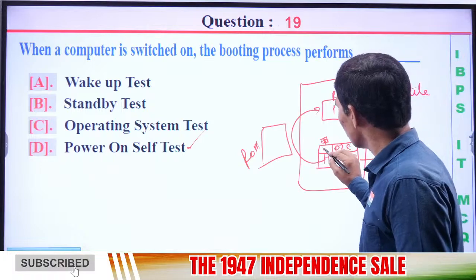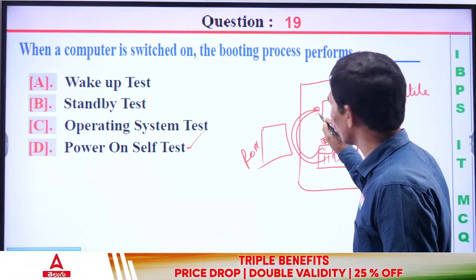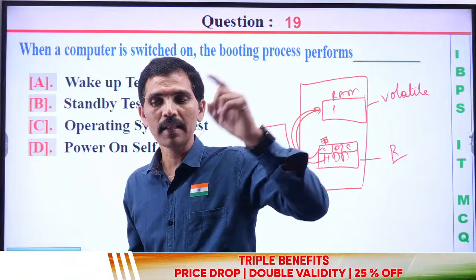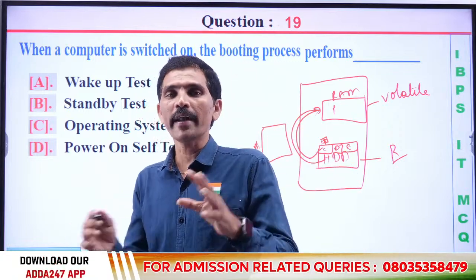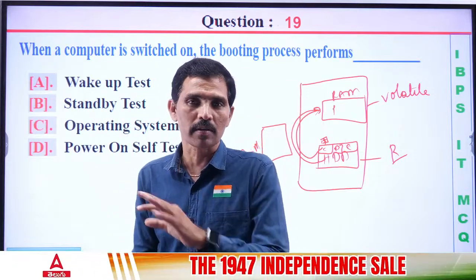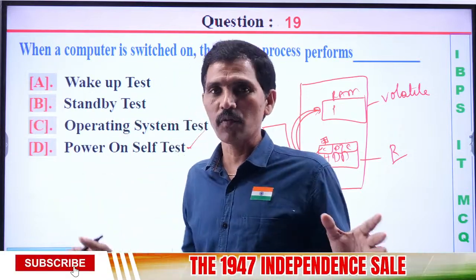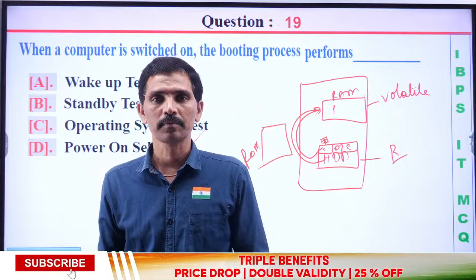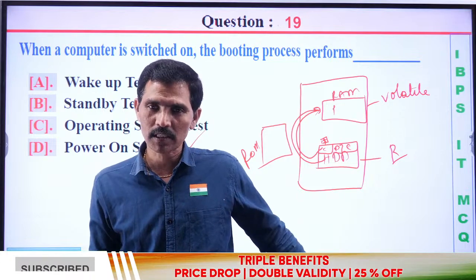From this, the system files will be loaded into RAM. When all files are loaded successfully into the RAM, that is called a successful boot. When it has booted successfully, only then will the desktop be shown, with various options, taskbar, start bar and different icons. Otherwise, nothing will happen, isn't it? So the power system has failed.